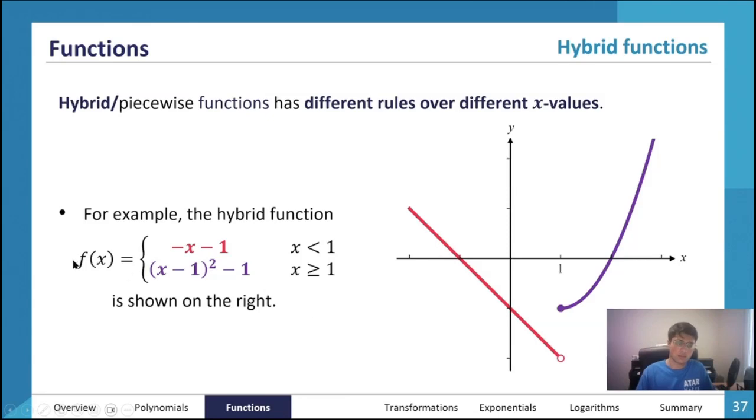If we wanted to substitute in the number 2, we would write f of 2. We'd look at the set of rules here. If x is greater than or equal to 1, in this case 2 is, then we use this rule. So we'd write f of 2 is equal to 2 minus 1 squared minus 1. That's it. There's nothing too complicated about these.